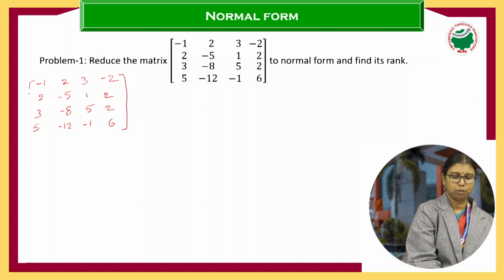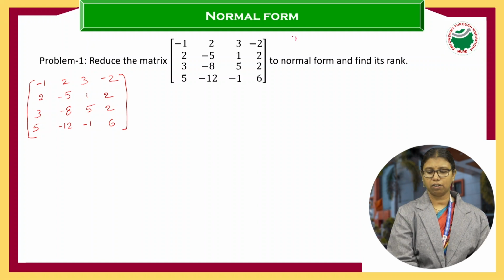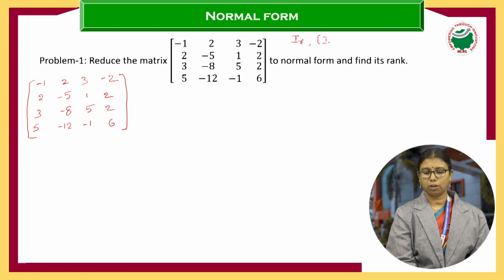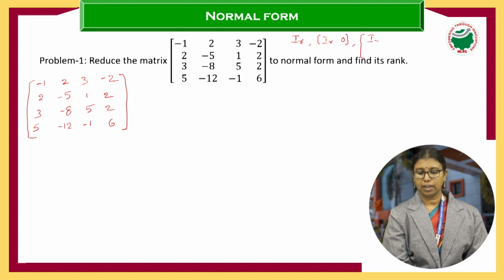So first you have to reduce this matrix to canonical form. The canonical forms are either the identity matrix of order R, or the row vector form [I_R 0], or the matrix notation [I_R 0; 0 0], or the column vector form [I_R; 0].